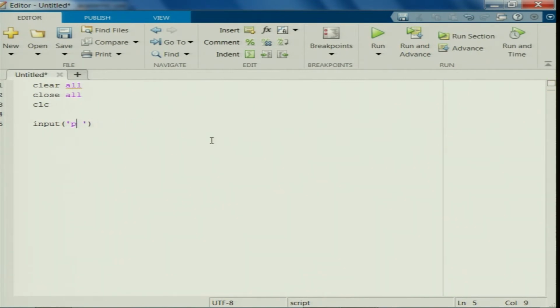I would like to consider the velocity of flight as an input here. So, input, enter the flight velocity. Okay. So, velocity in meters per second. At the same time I would also like to have total time of flight as an input.